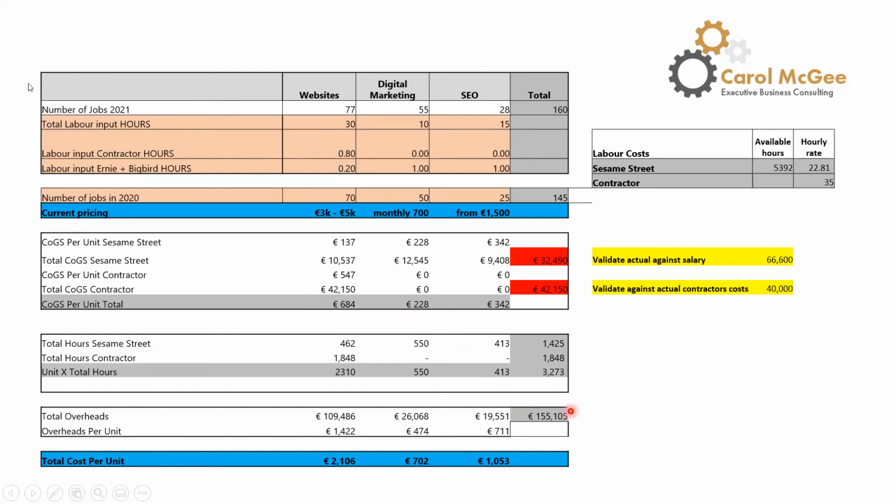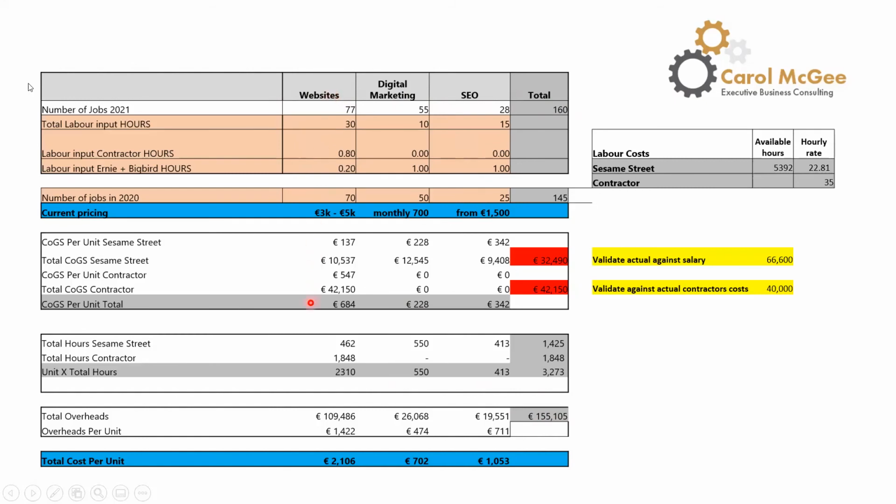But then we have to allocate, down here you see €155,000, and this is all the overheads in your business. So that'll be your rent, your rates, your salaries for staff that work across all 3 services, your professional fees, accounting fees, printing fees, all the regular overheads that businesses have. And they're allocated per estimated hours for each service, because service is a people-driven function.